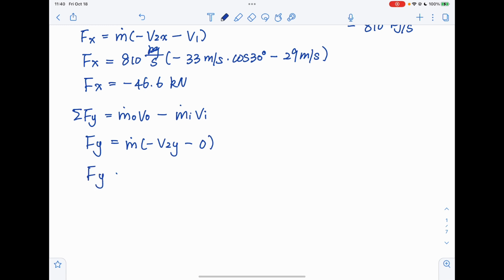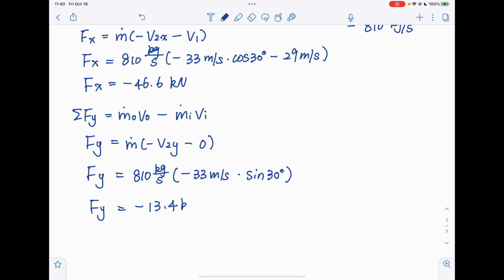So Fy equals 810 kilograms per second times negative 33 meters per second times sine 30 degrees, which gives Fy equal to negative 13.4 kilonewtons.